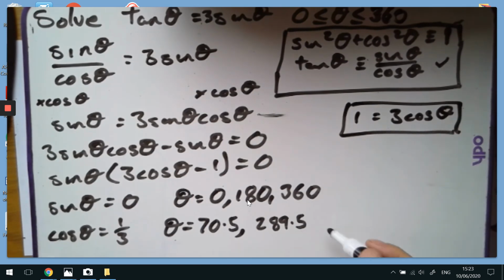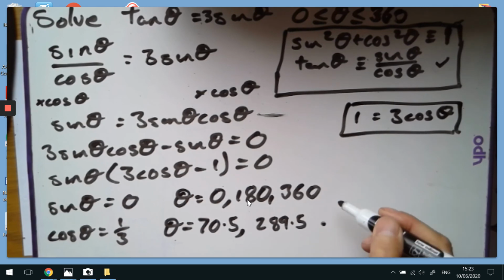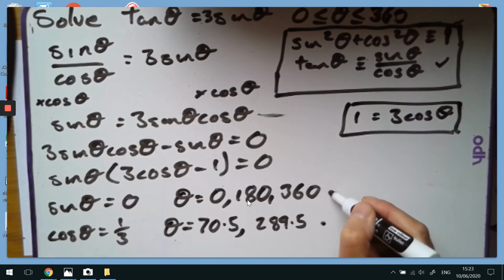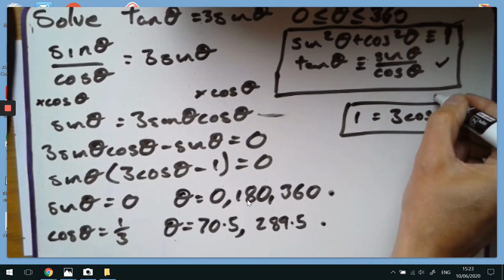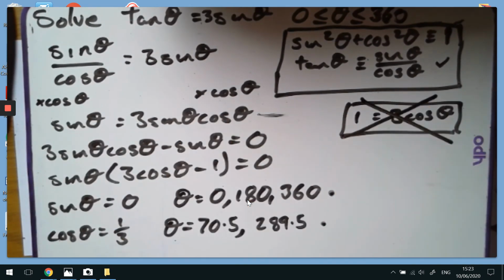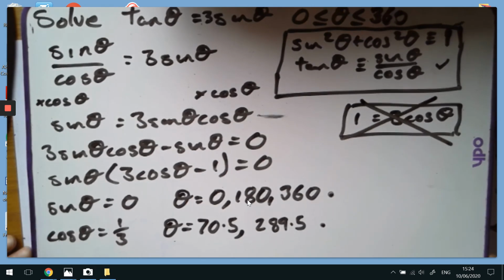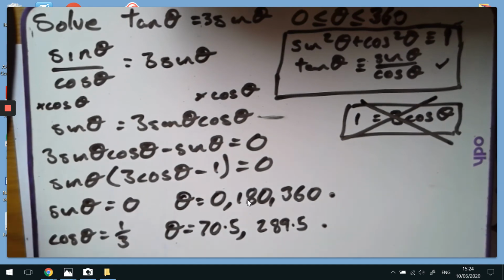So I would have got these two solutions here, but those other solutions would have gone missing. So by dividing through by a trig ratio, you lose solutions. That would have been an incorrect thing to do, so just be careful of that. Lots of people will make that mistake at some point, but just keep your eye on it. Okay, hope that made sense.